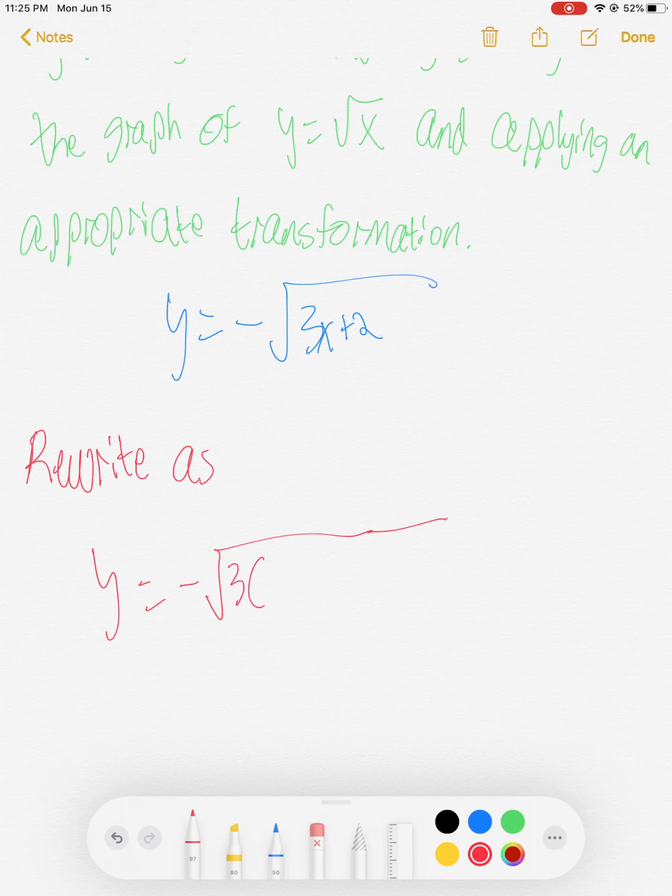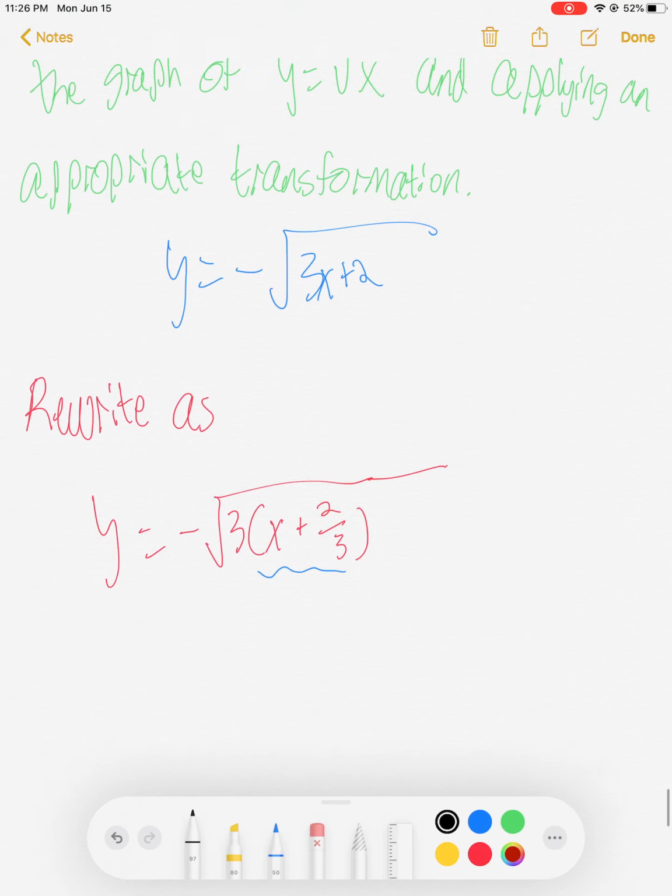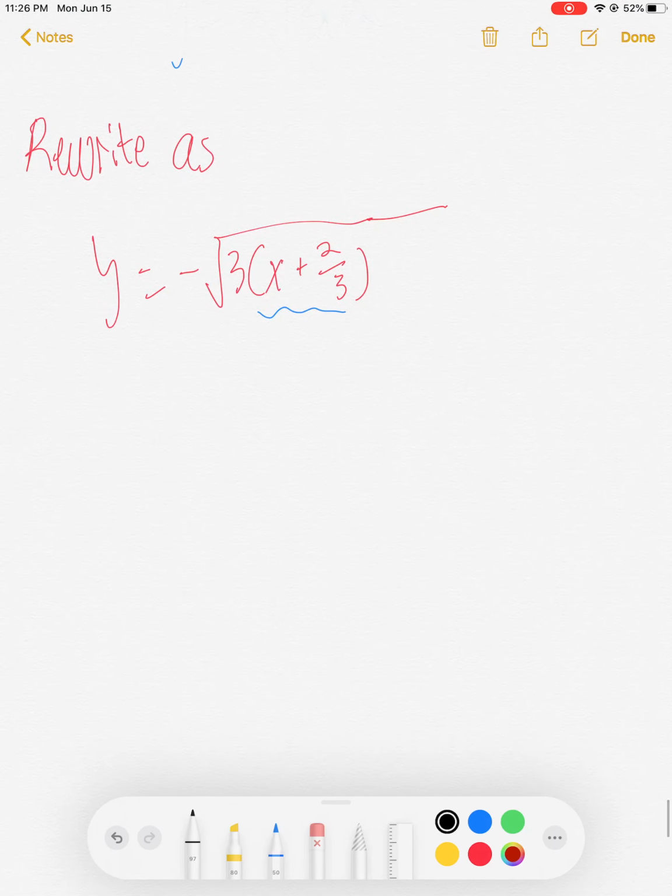So the way that we want to get started is we are going to rewrite this as y equals negative. Now what I'm going to do is factor 3 out of both of these under the radical so that I get 3 times x plus 2/3.